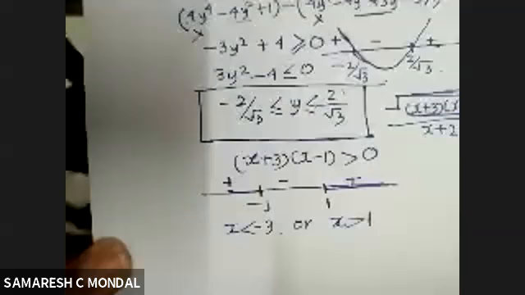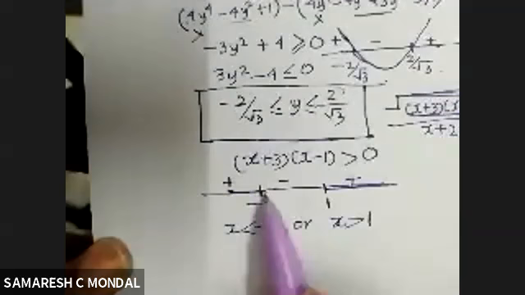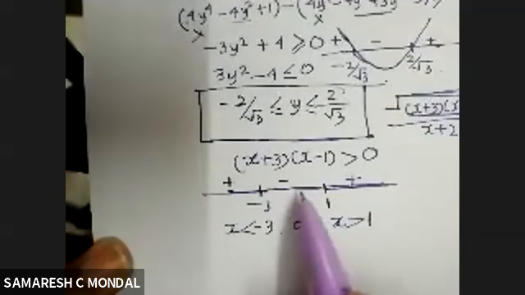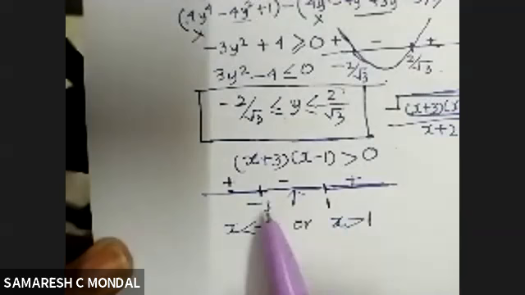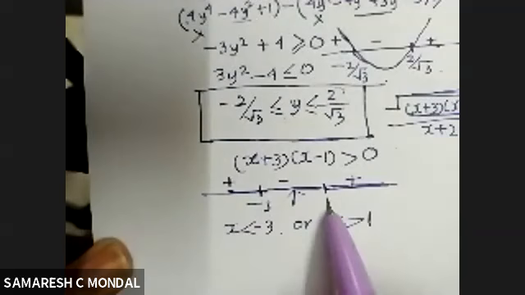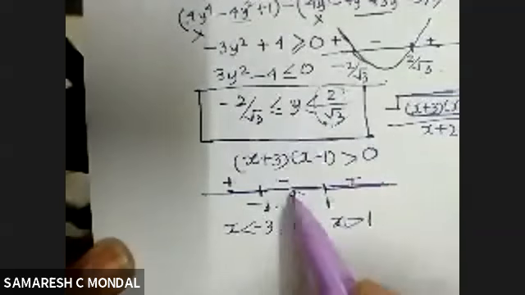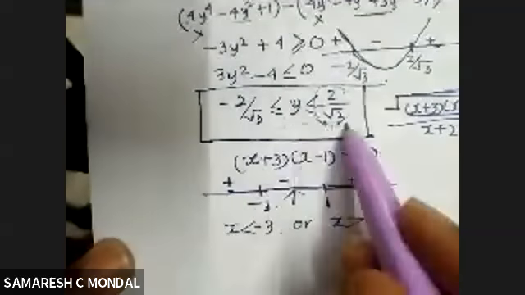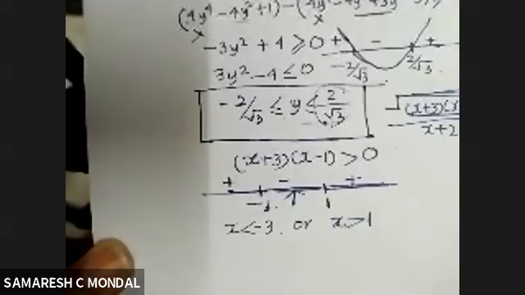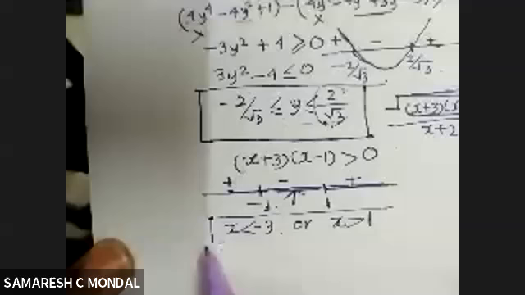If, understand my words, if for any value of x which lies between minus 3 and 1, I repeat, if I get y is equal to 2 by root 3, then that will not come in range because this doesn't come in domain. I hope it's clear to everyone. So this is the domain.